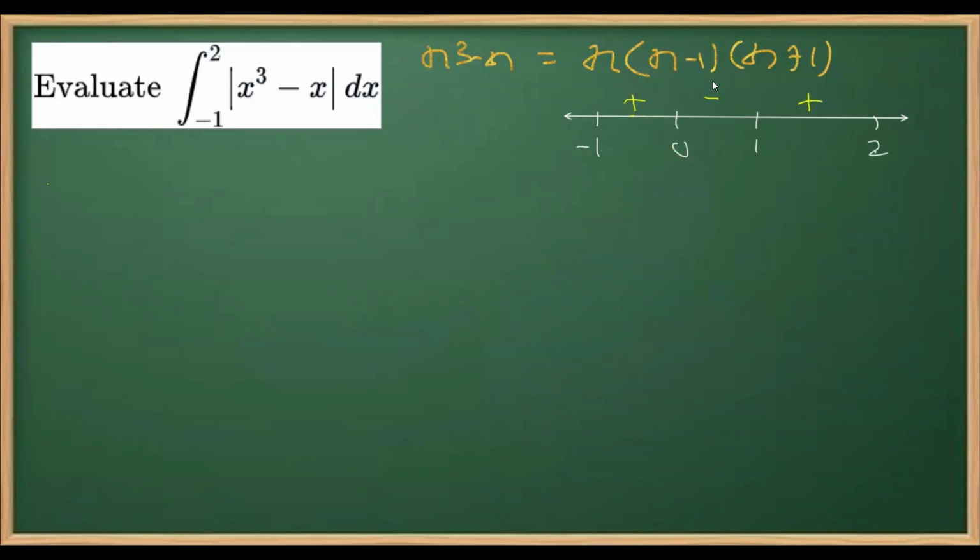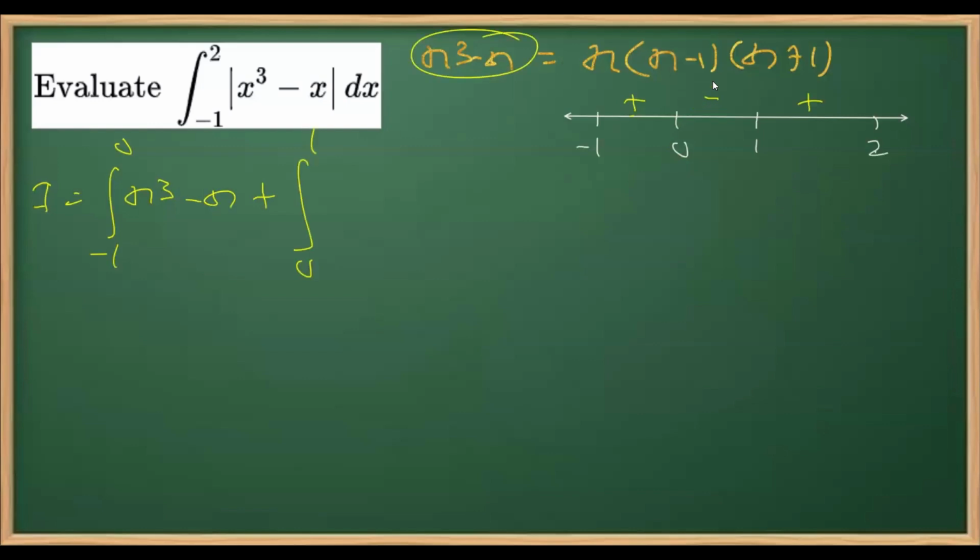Now I'm going to split this function here, that is I is equal to integrals, minus limit here, right? Minus 1 to 0. The function is positive in this case, so I'll write positive x cube minus x. For the next, the next limit is 0 to 1, right? In this limit you can see that the function is negative.